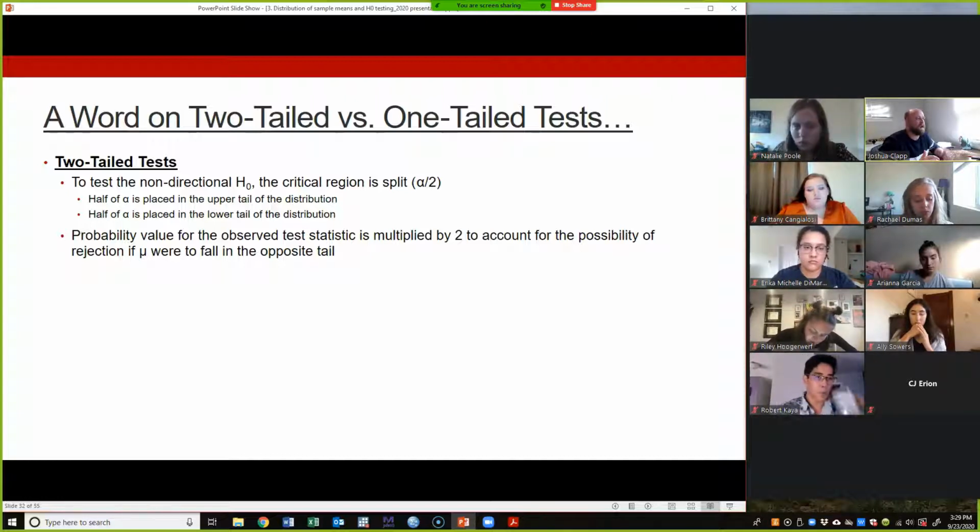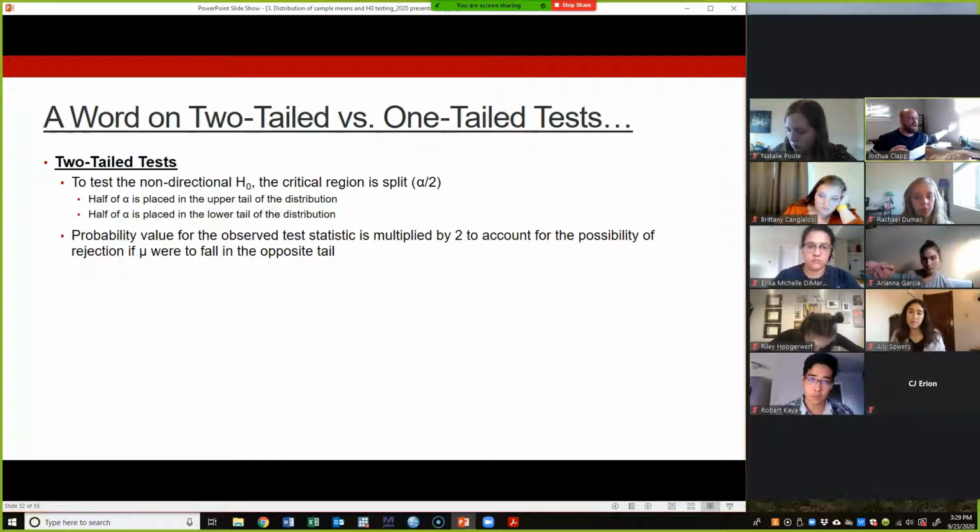A type 1 error says I'm claiming there's an effect when there's actually not. But if we have a non-directional test, we have to split that up. If my tolerance for a type 1 error is 0.05, I'll put 2.5% in the upper tail and 2.5% in the lower tail.